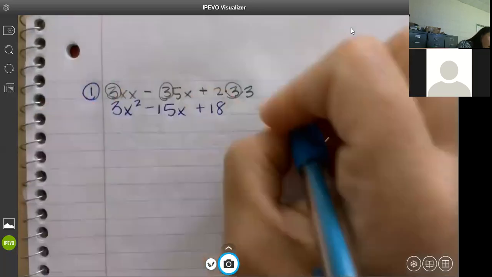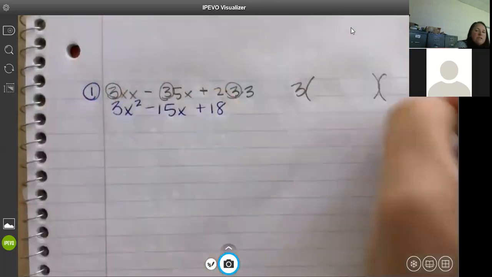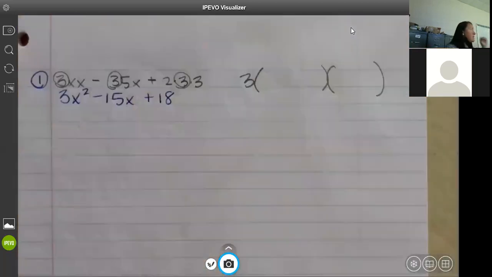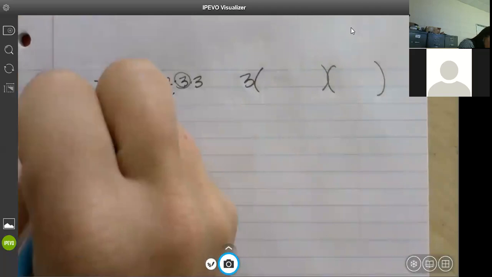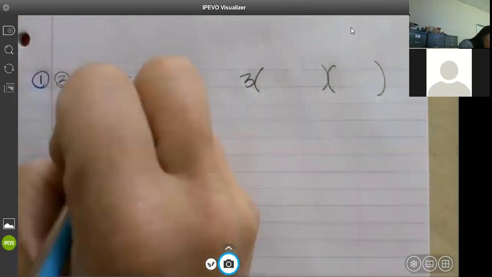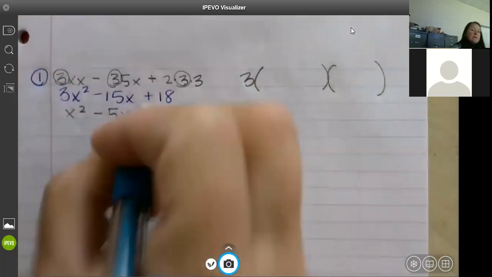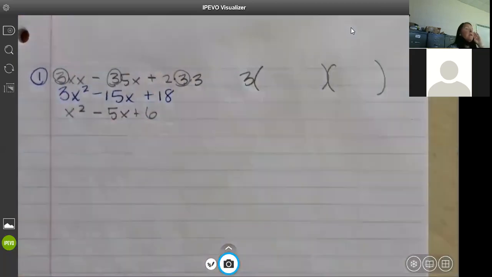So what I would do is write that 3 out to the side and my 2 sets of parentheses just to kind of hold a place. Don't forget about it, okay? So then that leaves me with x squared minus 5x, and then 2 times 3 is 6. This turned it into cheater method because there's no number in front.